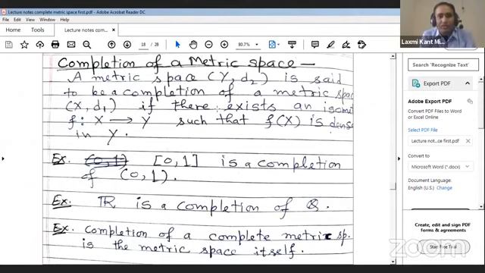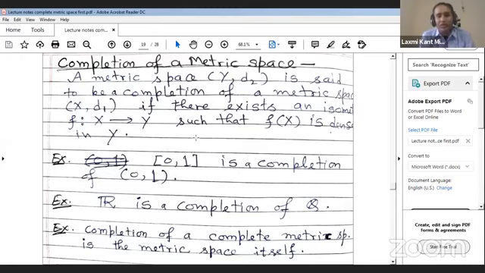Suppose we have a metric space (X, d1), then another metric space (Y, d2) is said to be a completion of the metric space (X, d1) if there exists an isometry f from X to Y such that f(X) is dense in Y. That means X is embedded in Y as a dense subspace.